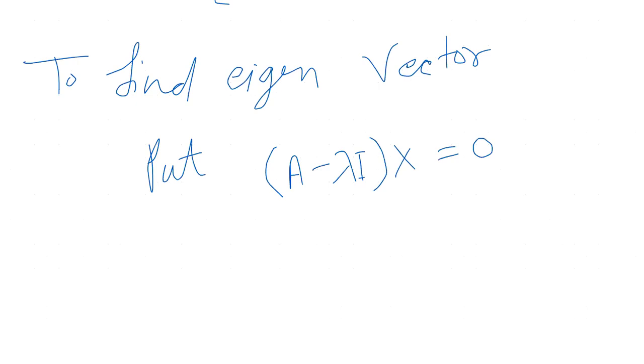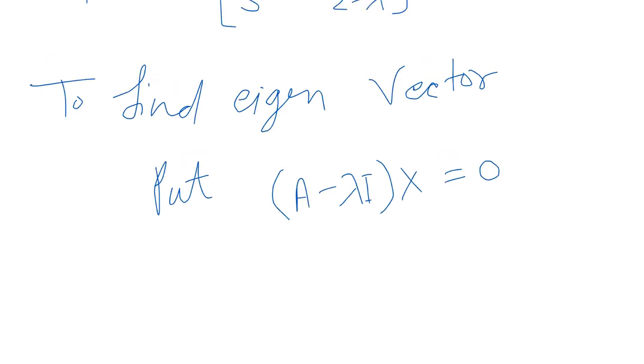To find the eigenvector, let us take any eigenvalue. Either you can take lambda is equal to -1 or you can take 4. I'm telling you for lambda is equal to -1 and you will find it yourself for lambda is equal to 4. Is that okay with you? Yes, ma'am.